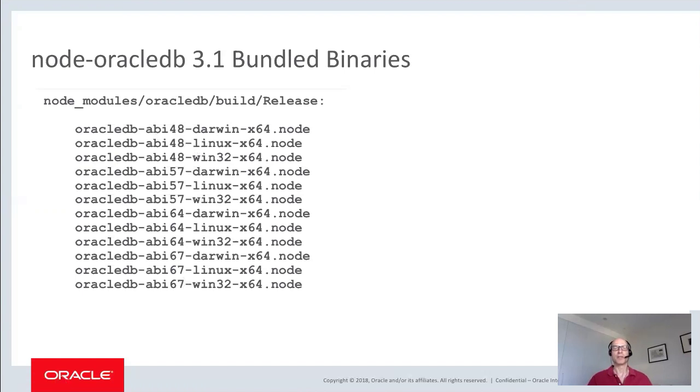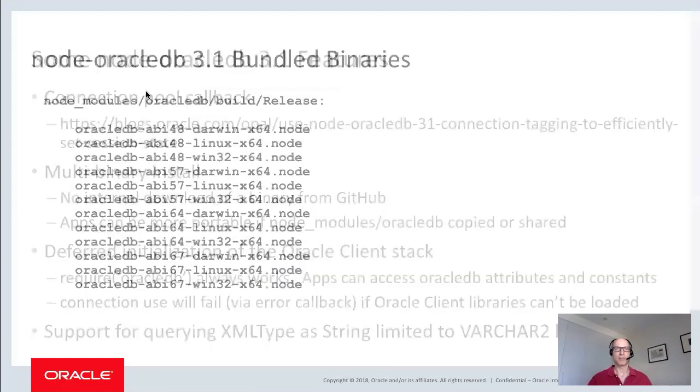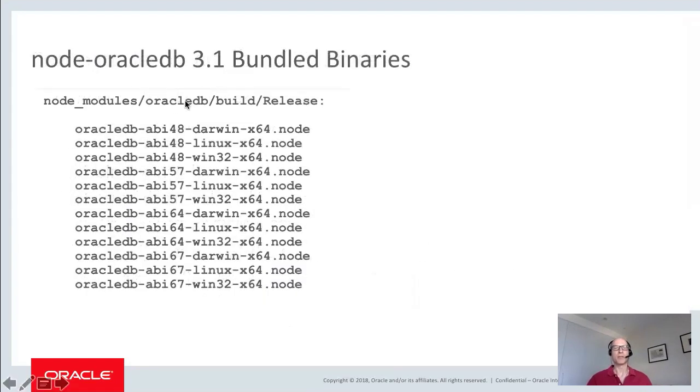You won't notice any difference. The good thing about this is that if you copy the oracledb directory, the node_modules oracledb directory, around between machines, or if you're running it, say, in VirtualBox on a shared disk, you're accessing it from Mac on one side and Linux on the other.